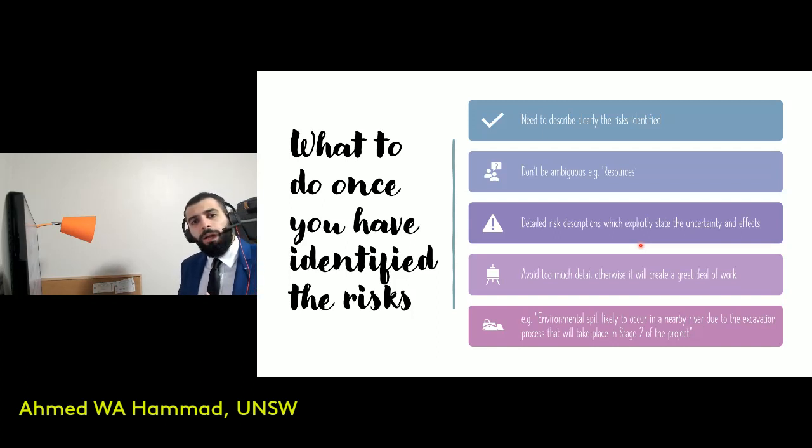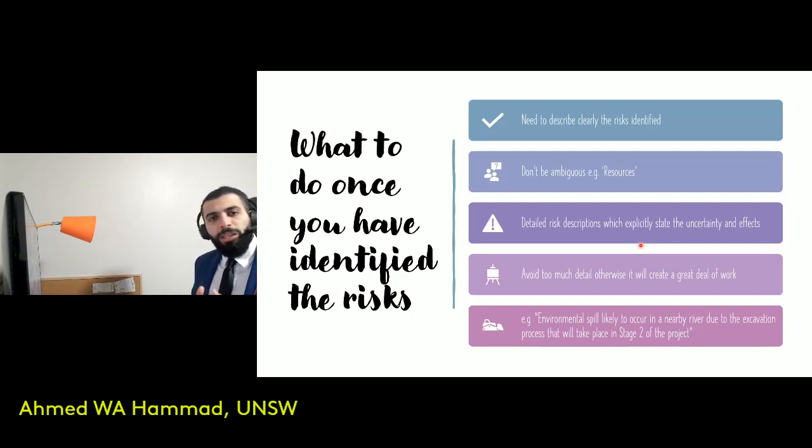risk of construction workers not showing up on a particular day within a particular construction stage. Now that risk that you've identified, you can't just label it as resources and that's it, because doing so is too ambiguous. You wouldn't be certain what the impact of the risk is, what type of risk it is.